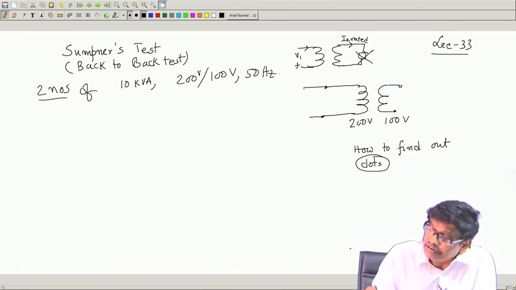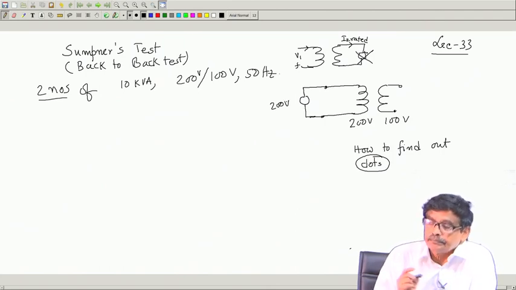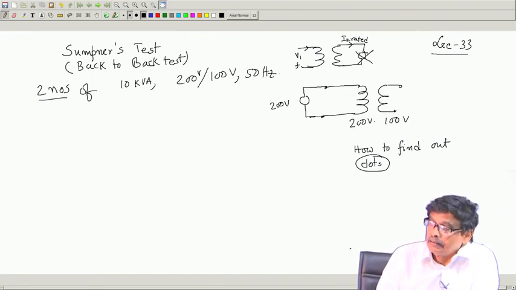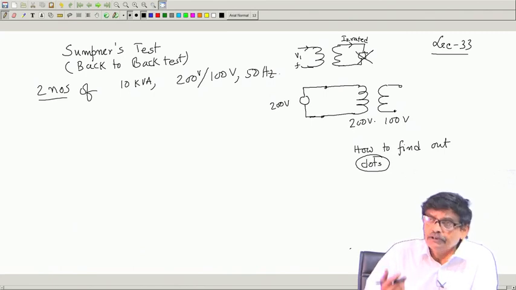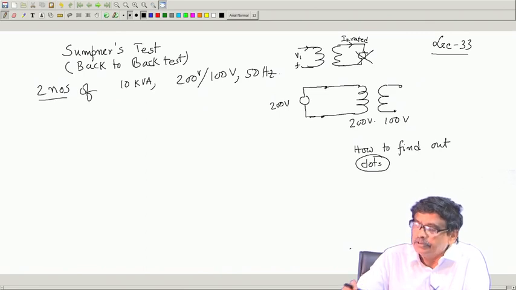So, what you do is this, you apply, say to this winding, 200 volt, and there is no dot markings here. Now, you are free to choose one dot terminal of any of these windings.